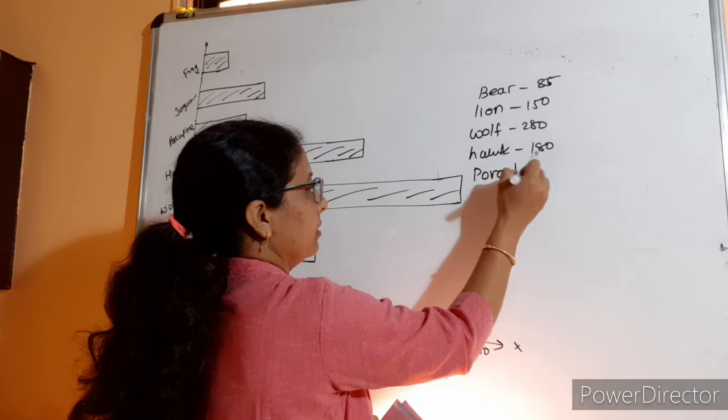Now what is it? It is the number of votes received. Numerical data is given on the x-axis.